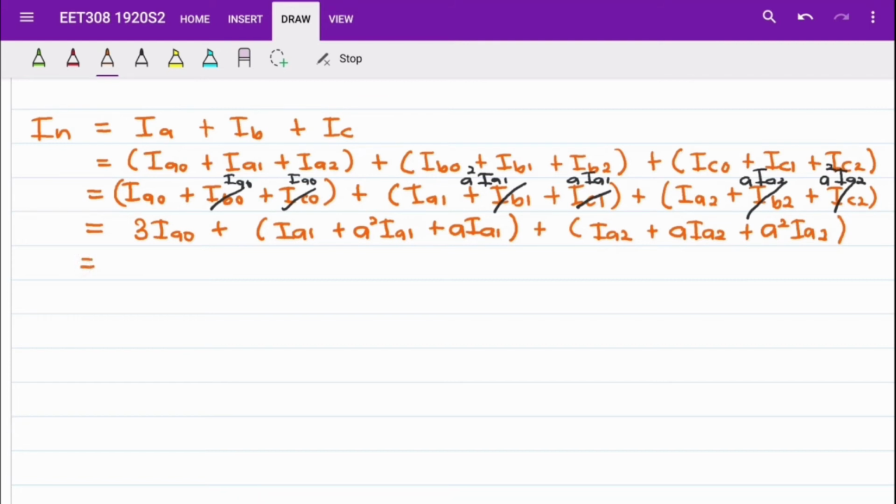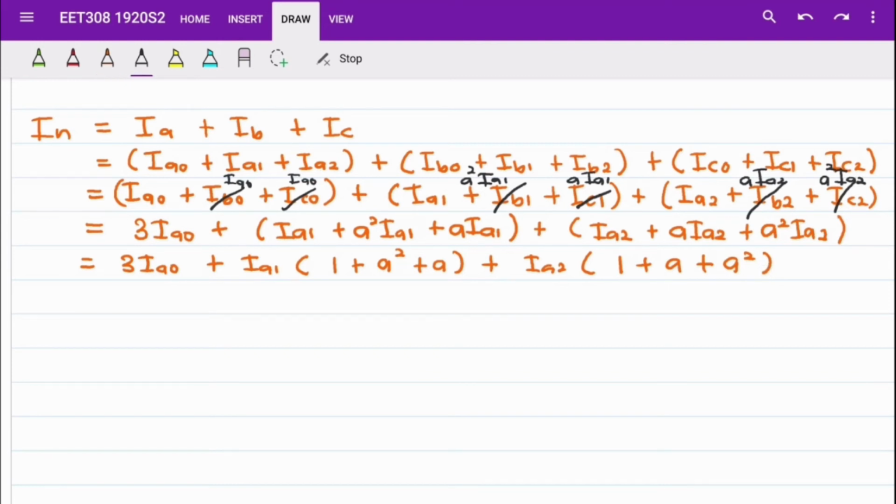So the equation becomes 3IA0 plus, we factorize the IA1 for positive sequence, IA1 times 1 plus a to the power of 2 plus a, plus, then we factorize IA2 for the negative sequence, IA2, then we get 1 plus a plus a2.